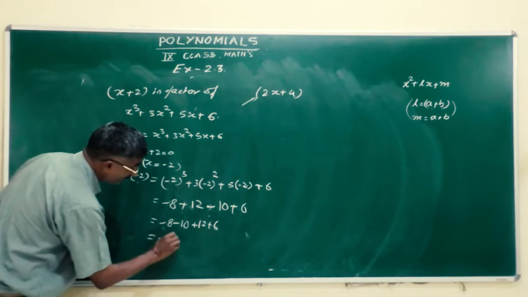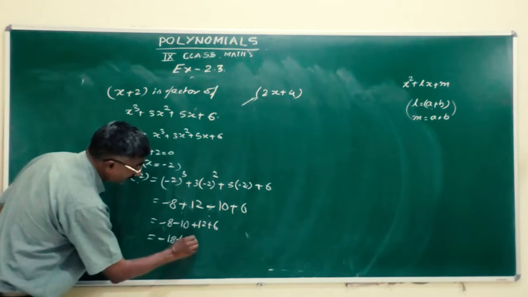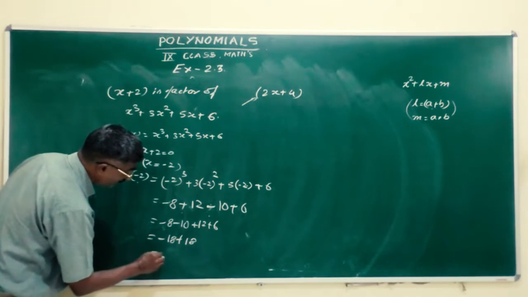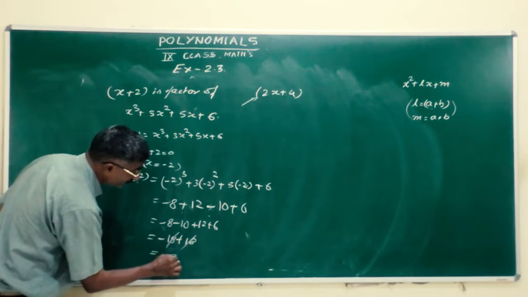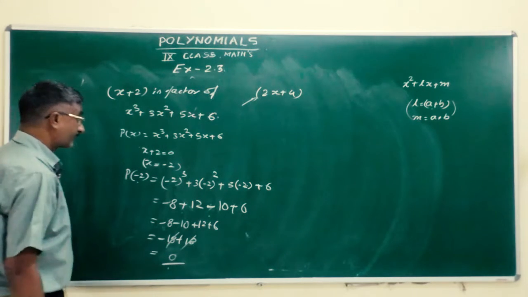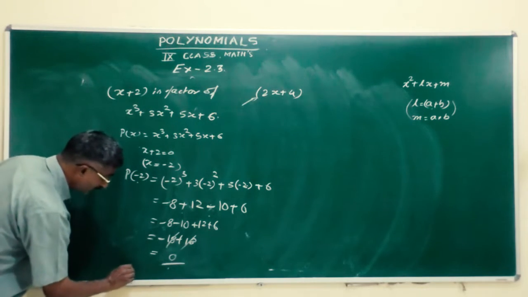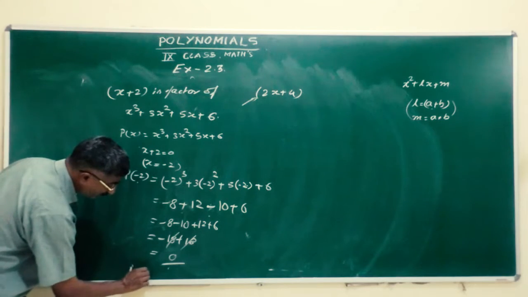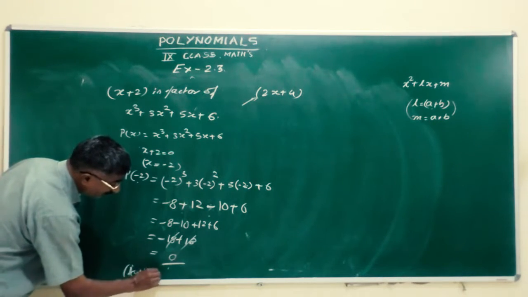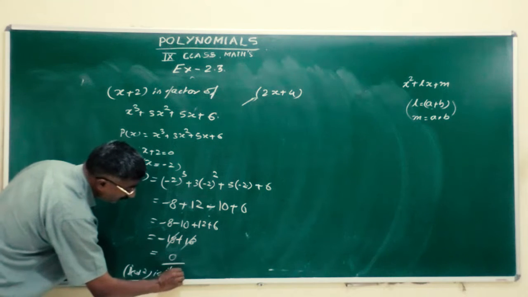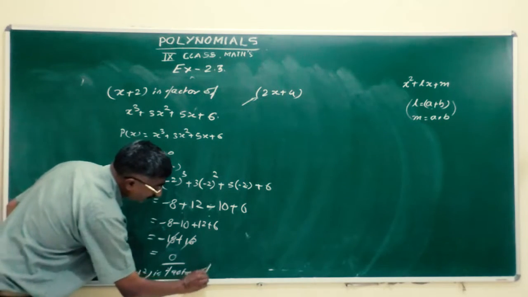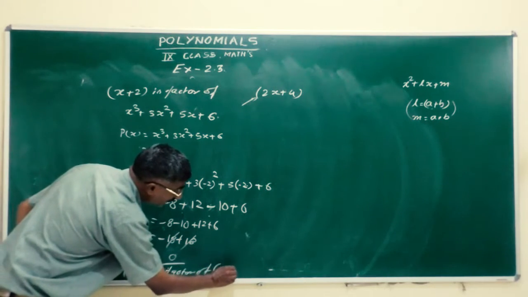So this is equal to minus 18 plus 18, which is equal to 0. It means x plus 2 is a factor of the polynomial.